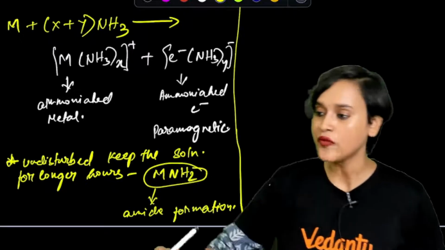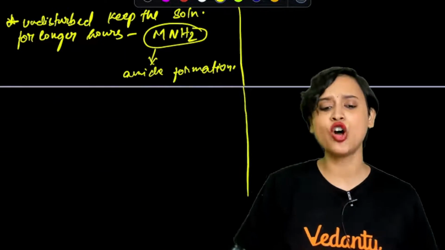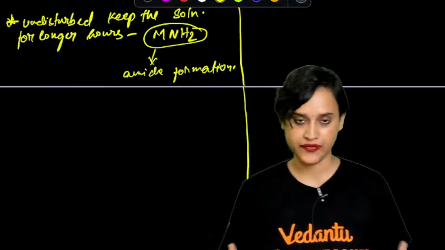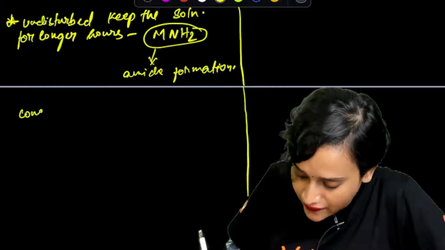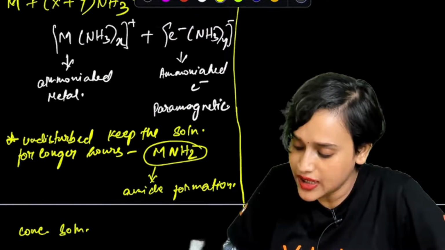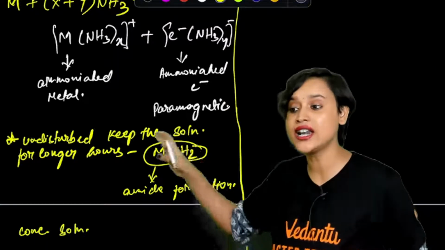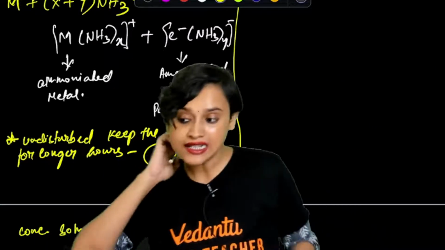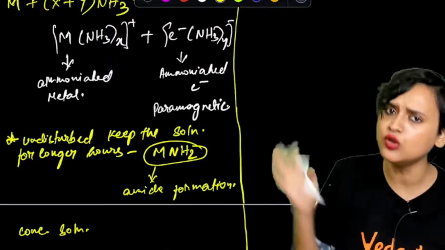Now, let's say I take a concentrated solution, then what will I see? Do you remember this ammoniated electron? This ammoniated electron formation happened when I took dilute solution.